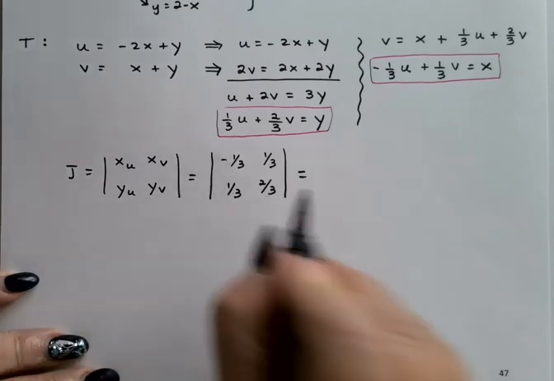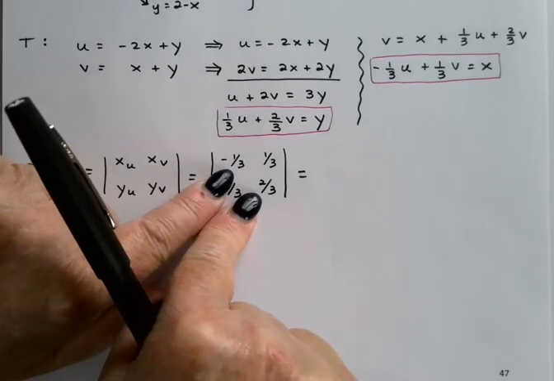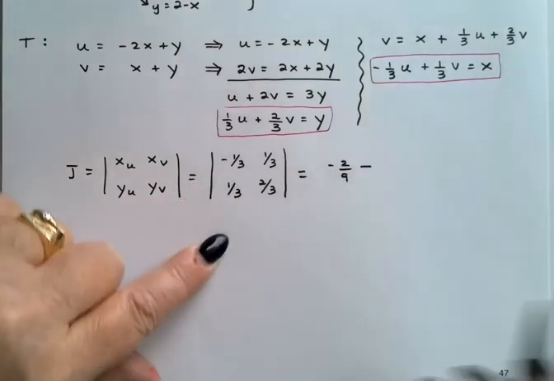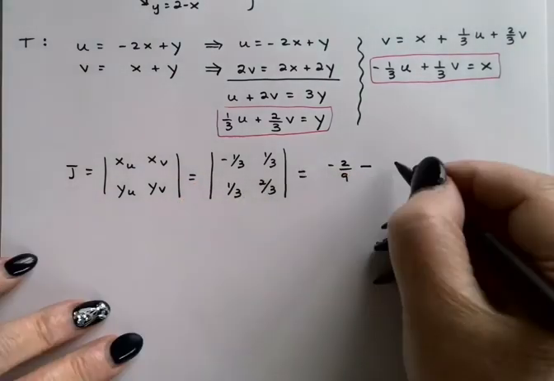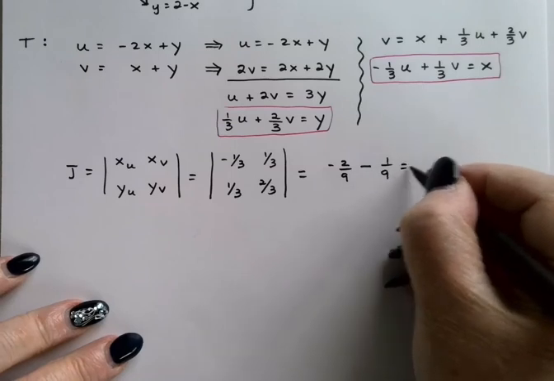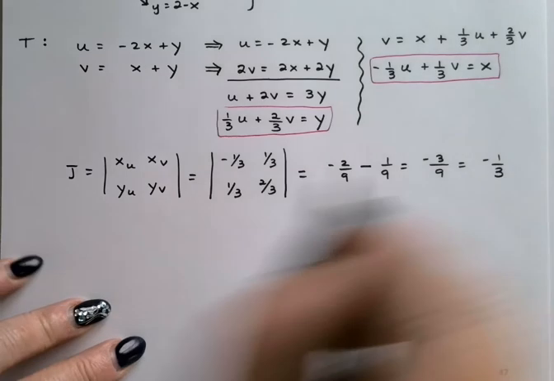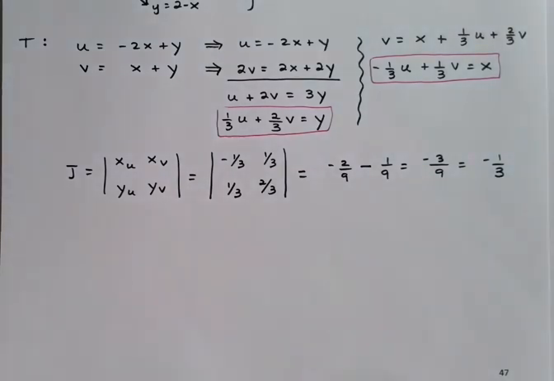Multiplying these gives me negative 2/9. Subtracting, multiplying those gives me 1/9. So I get negative 3/9, or negative 1/3, for my Jacobian. All right, I think we're finally ready to actually get our integral done.